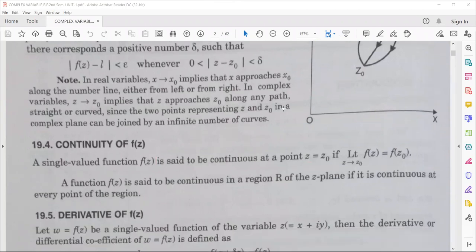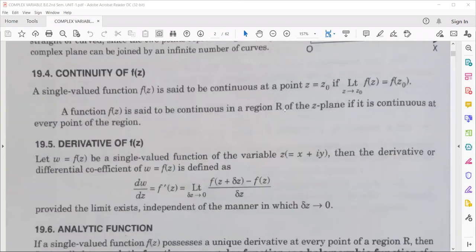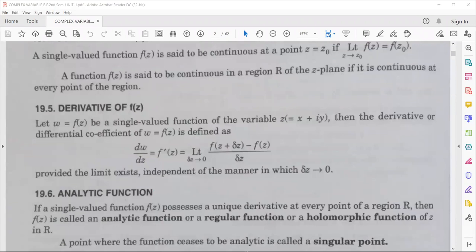Yes, sir. Now next is your derivative. Now derivative. So already you know that if y is equal to f(x) is a function, and you need to find dy by dx, what is the definition?